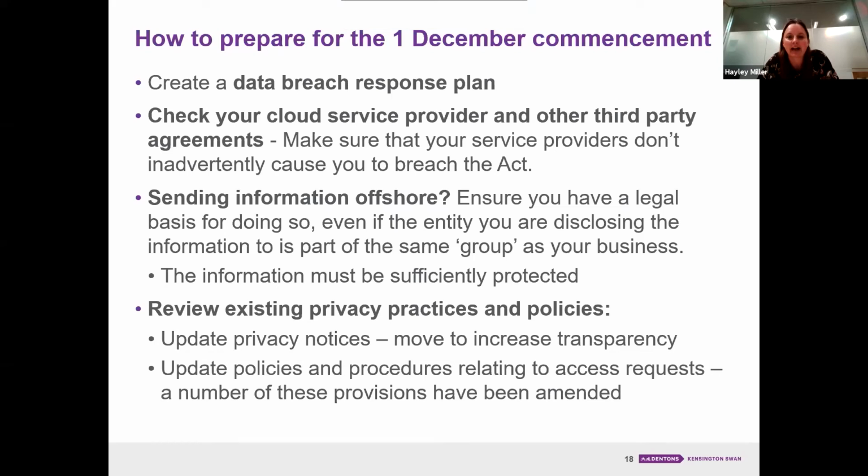Probably it hasn't, and now's a great time to do that. You also dovetail that up into that audit that you're doing of your service providers and disclosures. So once you work out which ones actually are disclosures, have they all been listed in your privacy policy?